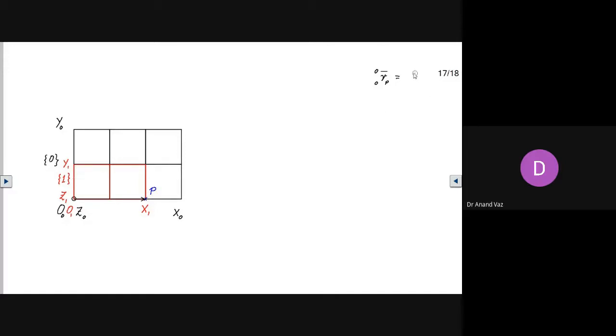So this will just be 2, 0, 0. So this is the vector.